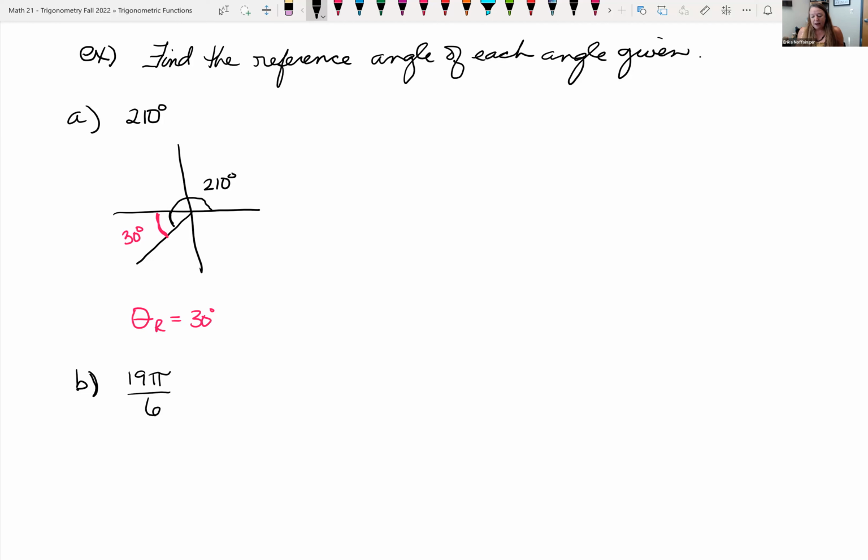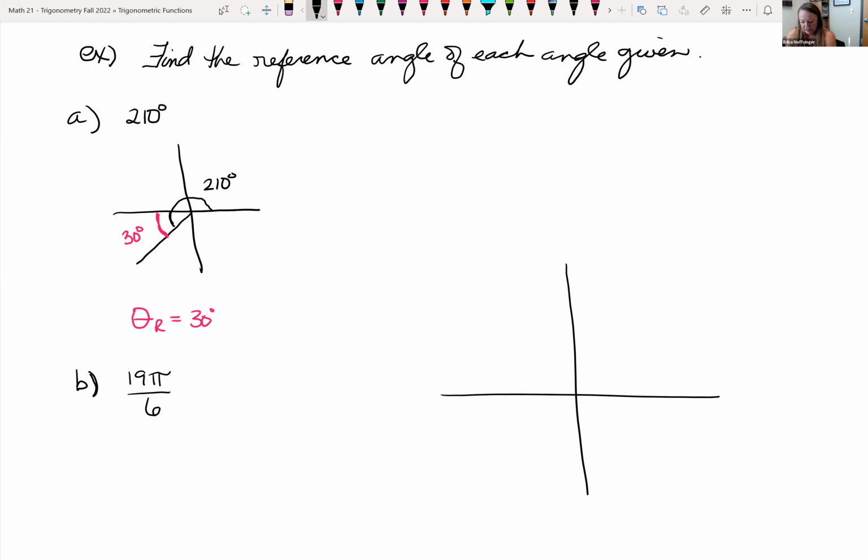Okay, we have another example in front of us. We're given 19 pi over 6, and we want to find the reference angle to that given angle. So first thing we want to do is graph 19 pi over 6. So graphing that angle, I know I'm going counterclockwise because my angle is positive.